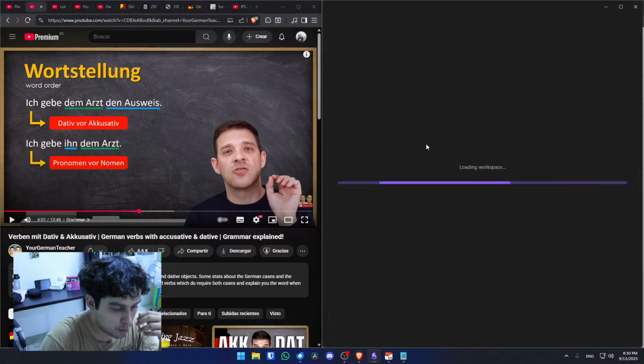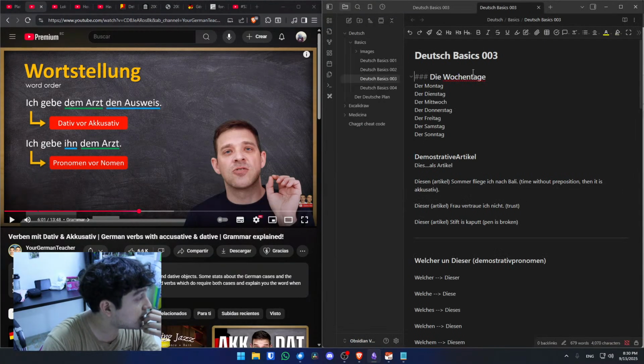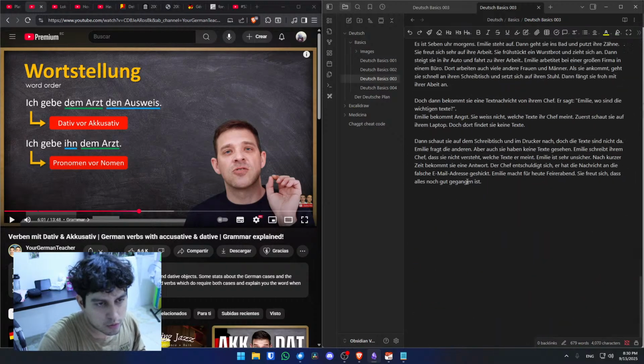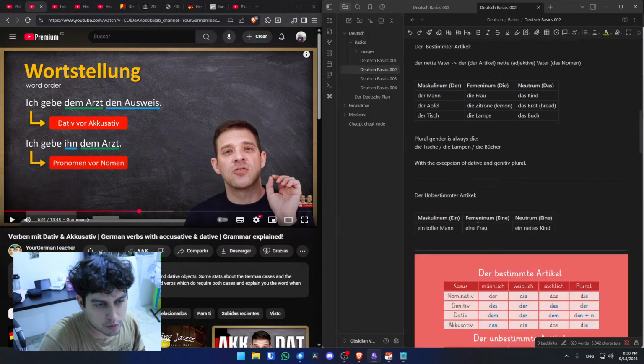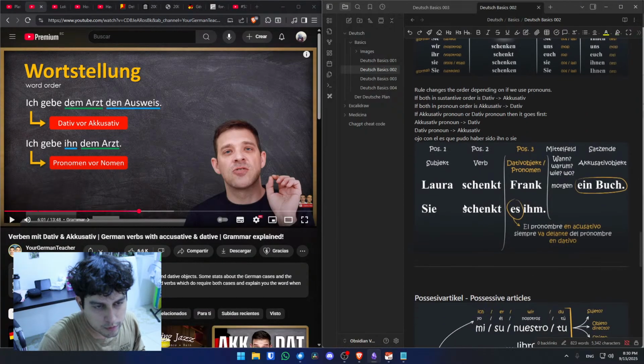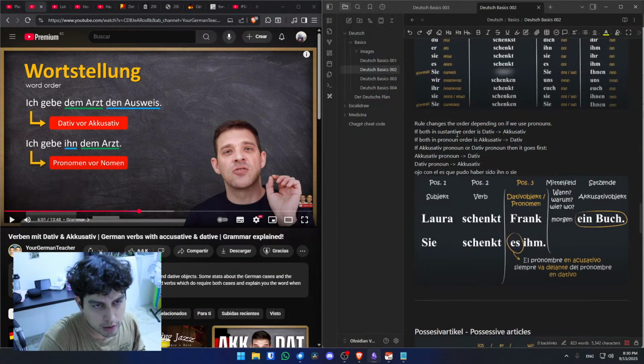So this is like we have written down here. I think it was basis 2, should be right here. So if both are nouns, then dative is first.